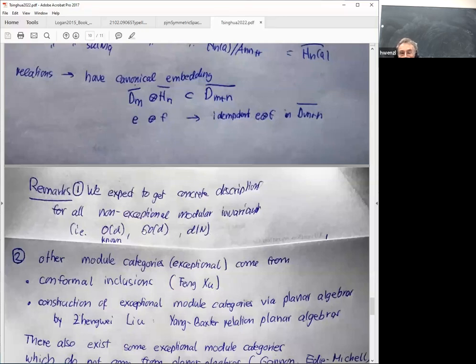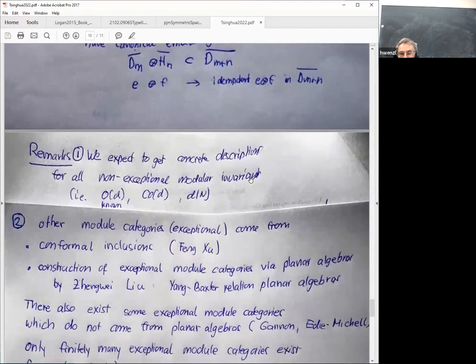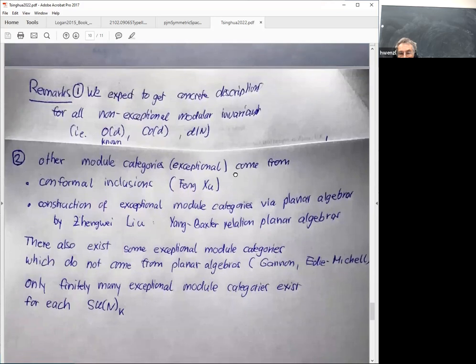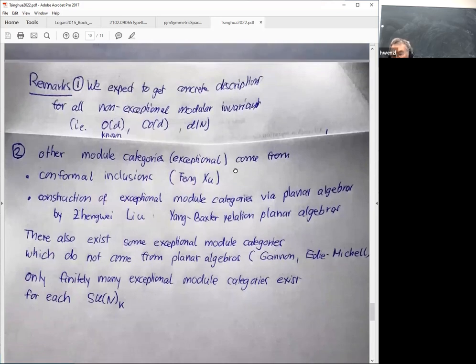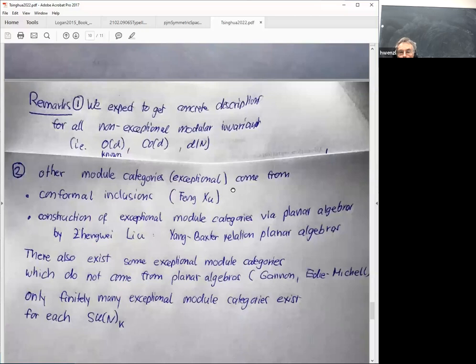I mean, again, I threw a few subtleties under the carpet here, but this is roughly speaking what it is. For n even, there's a little bit more, but I'll leave it like this for the time being. I guess I talked a lot now about these non-exceptional module categories, so I should probably say also a little bit about the exceptional ones.